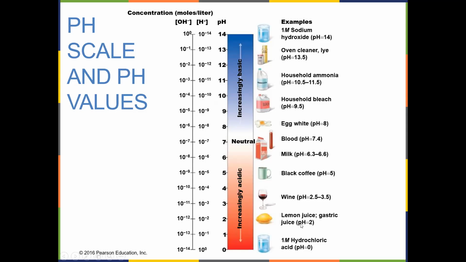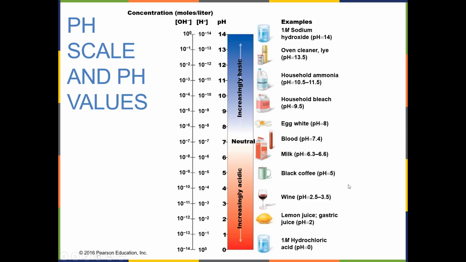Orange juice or lemon juice, or stomach acid, pH of 2. Hydrochloric acid has a pH of 0. Oven cleaner is a pH of almost 14. Pure sodium hydroxide has a pH of 14. Ammonia, pH of 11. Bleach, pH of 10. Egg whites are 8. So we see this.